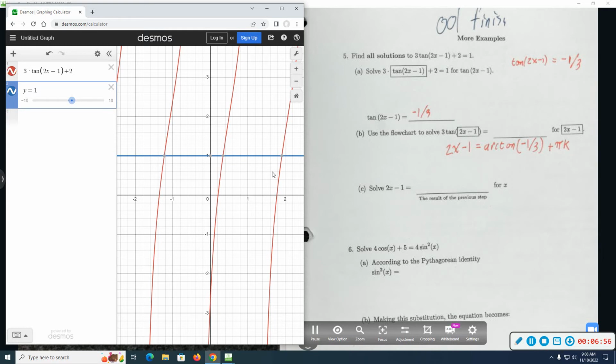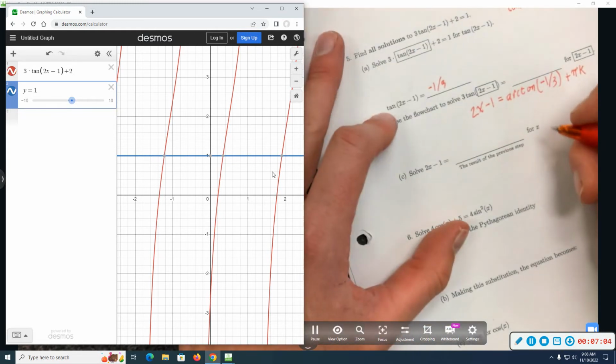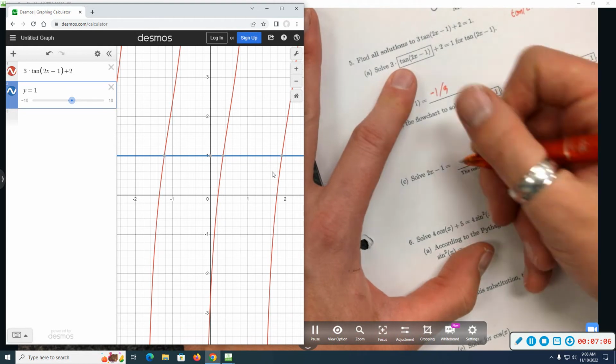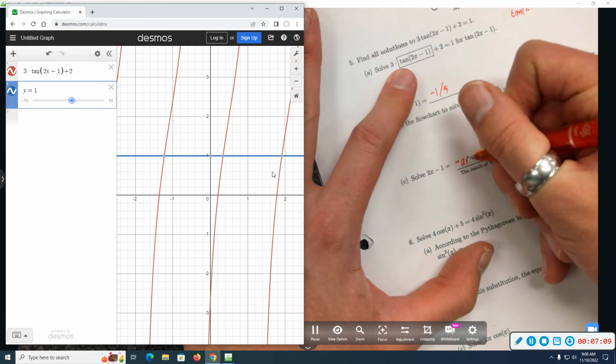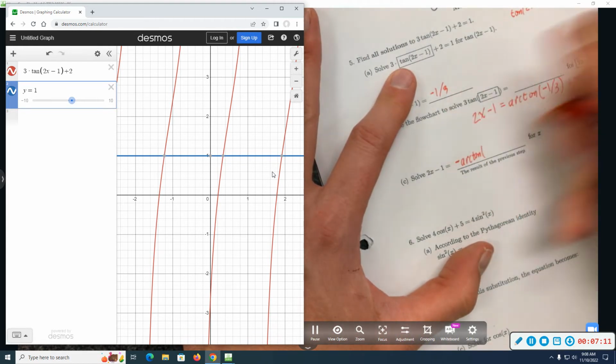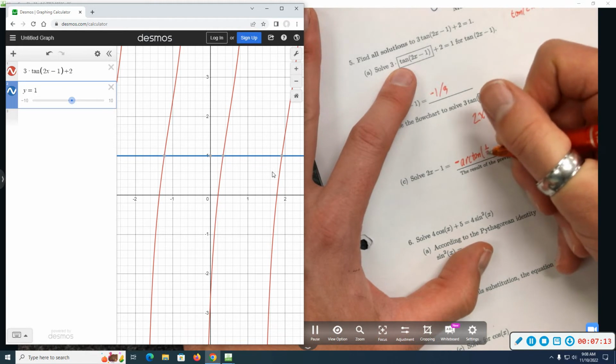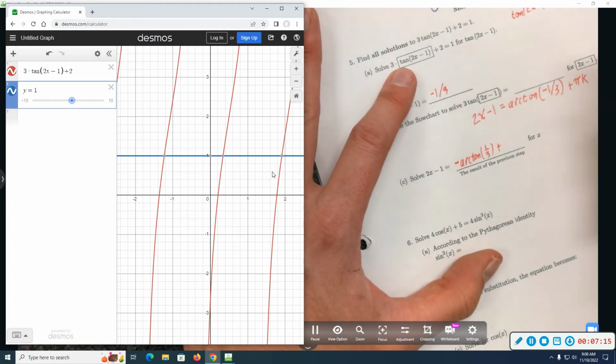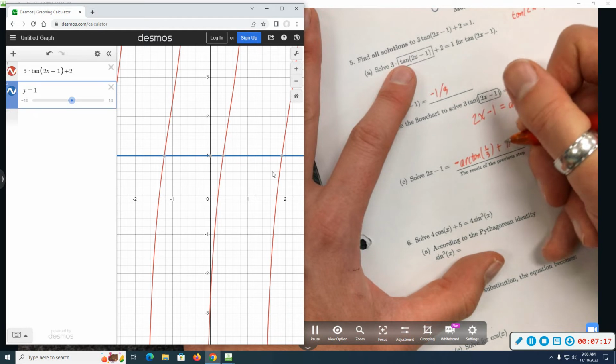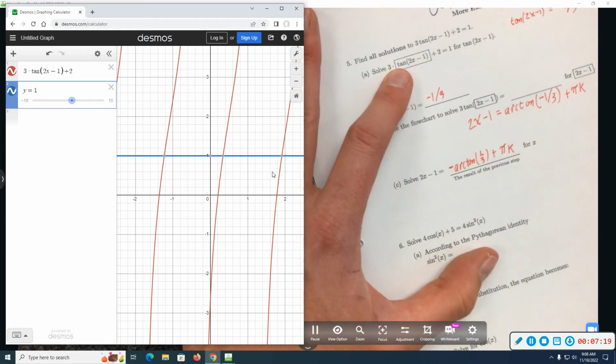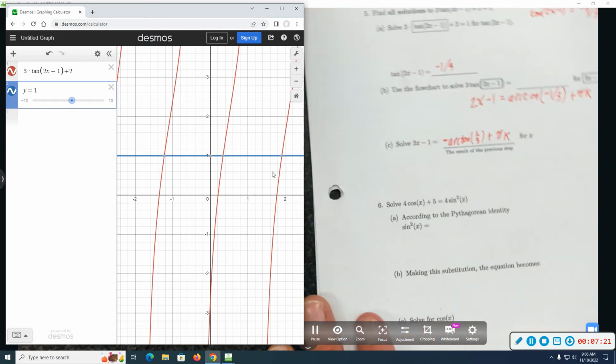But is there any simplification we could do otherwise? Yeah, inverse tangent is odd, so that's something anyway. So you end up with 2x minus 1 equal to negative arctan of 1 over 3, you can pull the negative sign out, plus pi k, where k can be any whole number it wants to be.